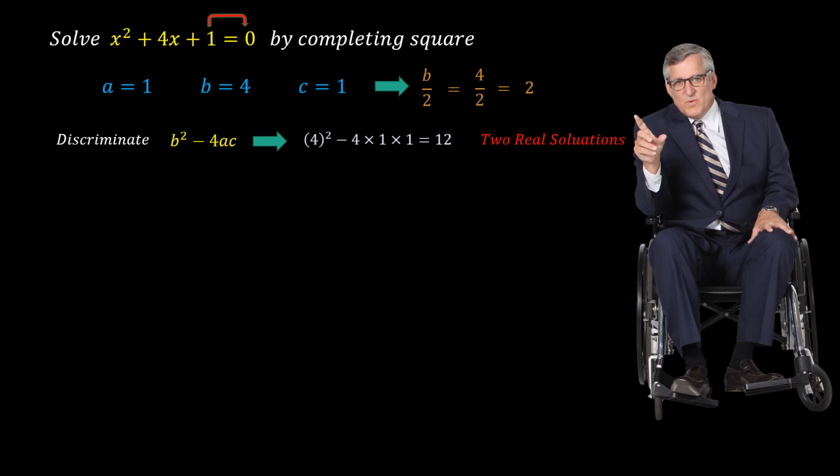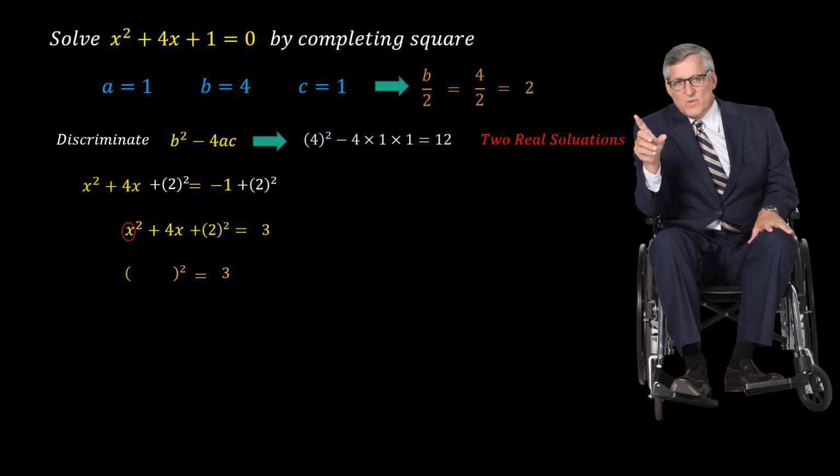Move the constant term to the right side, so you have x² + 4x = -1. Now I have to add (b/2)² to both sides, which is 2², so add 2² to both sides. On the right side, after calculations, 3. And keep it on the left side. Then open brackets, put power 2, and on the right side put the answer.